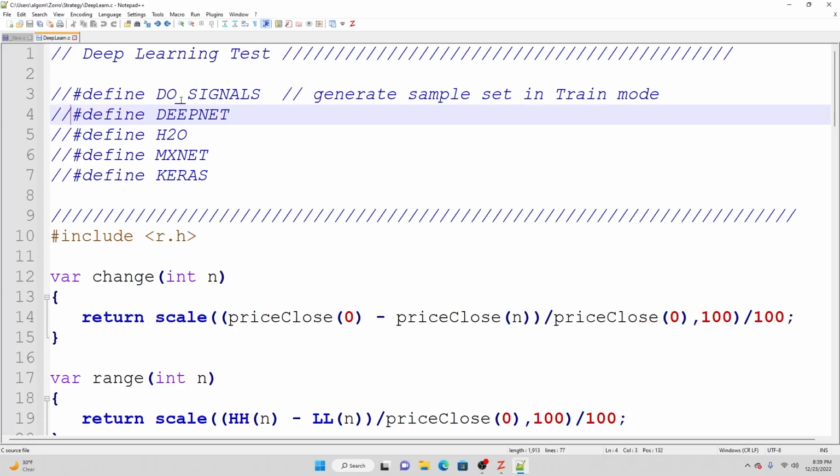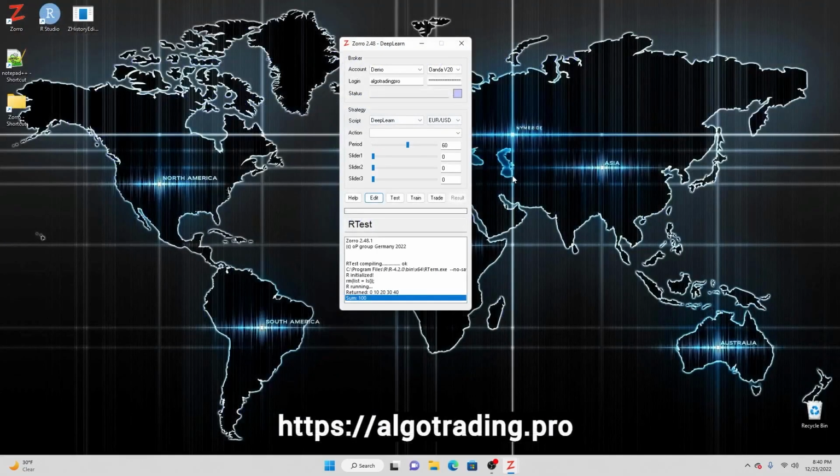So we are going to uncomment this line here. Now we're telling Zorro that we want to use DeepNet as our deep learning platform. Let's save this, and now let's start the training process. It's going to take a while, and I want to tell you a few other things while the training happens.